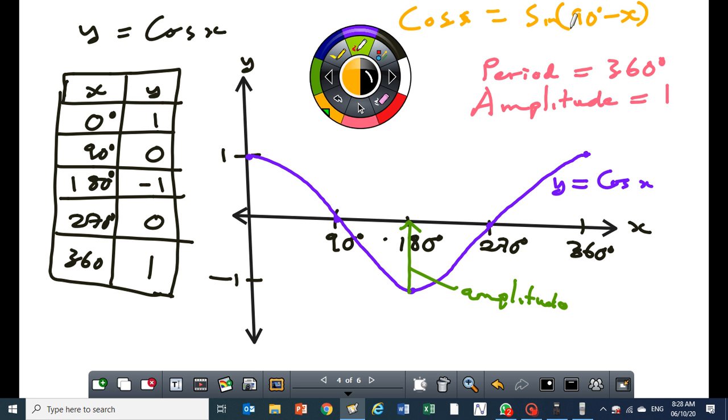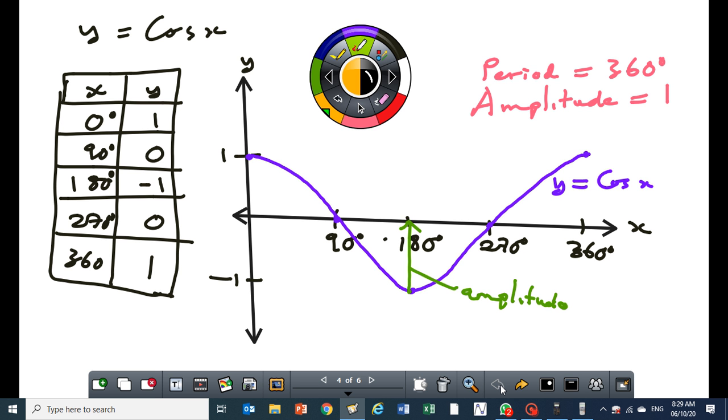But for now, because we are in grade 10, we don't want to get into the details of that. But you must know that this graph of cosine, you get it by shifting the graph of sine by 90 degrees to the left. It is called the cosine graph.